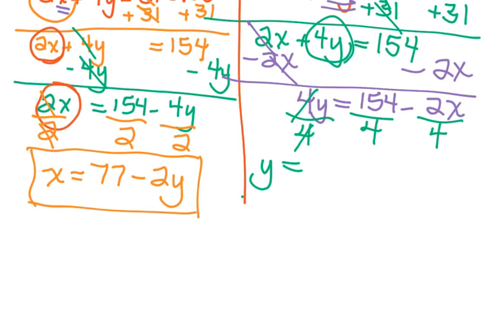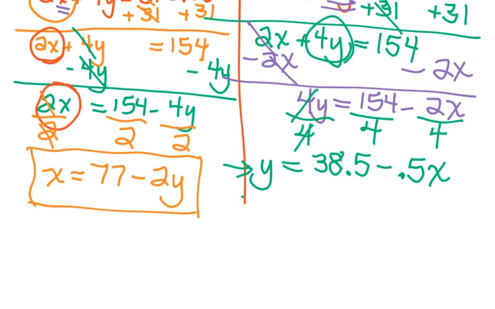And this time I am going to use a calculator. 154 divided by 4 is equal to 38.5. And if I divide 2x by 4, I know that is equal to 0.5x. So that is definitely one answer.